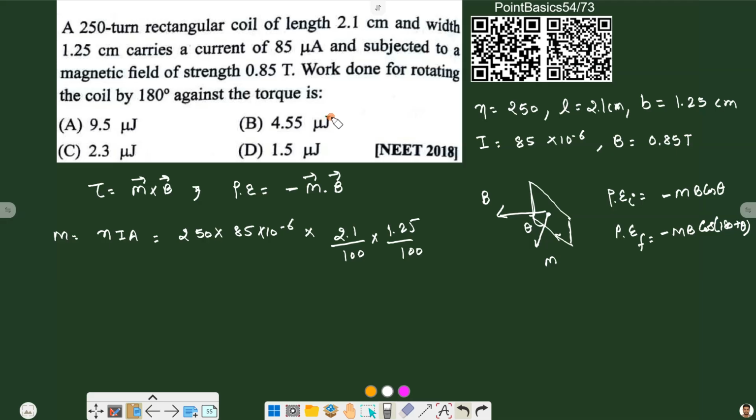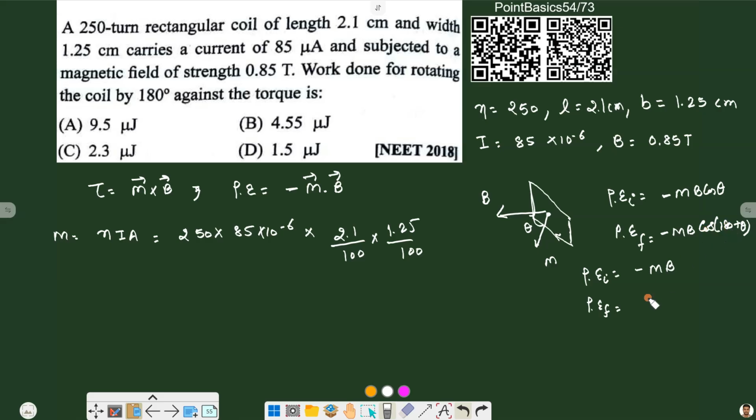Now we don't know the initial angle here, but it is mentioned that we have to rotate it against the torque. Against the torque means the system should be in stable equilibrium, and the system is in stable equilibrium when theta is 0. So we assume here that theta is 0. So our initial potential energy comes out to be minus MB, and final potential energy comes out to be minus MB cos 180.